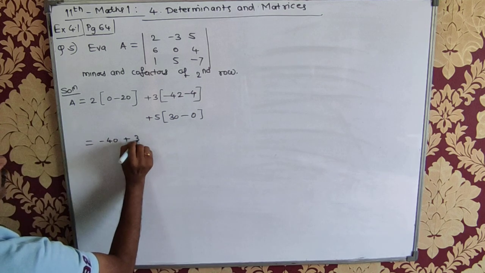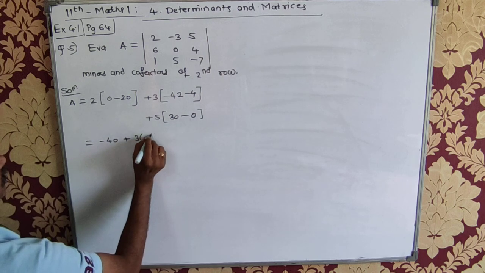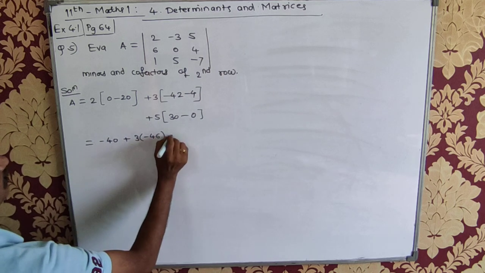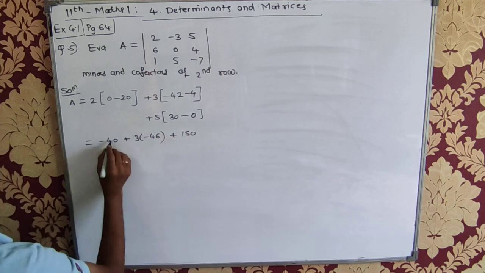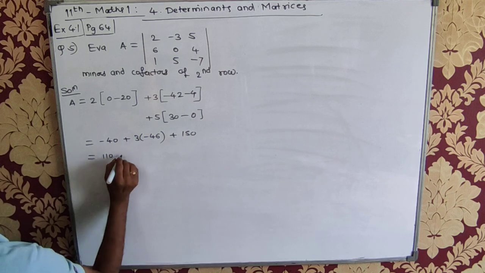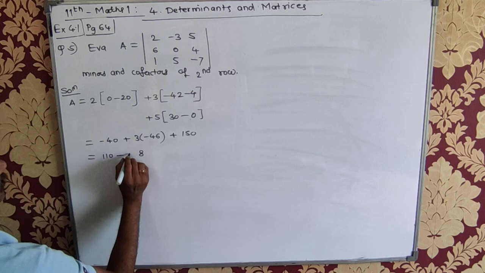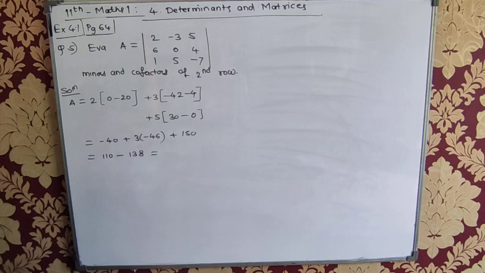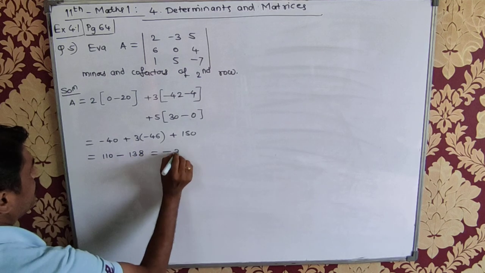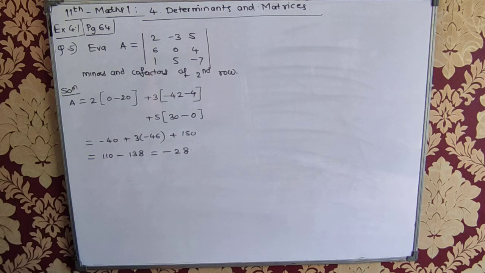This will become plus 3 into minus 46 plus 150. 150 minus 40 is 110 minus 138. So this will become minus 28. That is determinant of A. Is this okay?